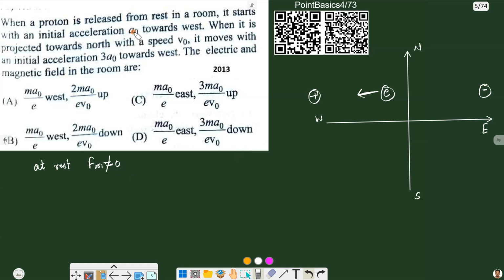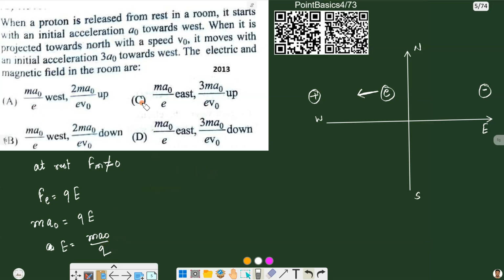So from the acceleration a naught, the force on the electron is given by q times E, charge times the electric field, and force is also mass times acceleration, so m a naught equals qE. So from that we can say the electric field is m a naught by q. So that's the value of the electric field, and the direction of the electric field will be positive to negative, or towards the east. So m a naught by q towards the east.